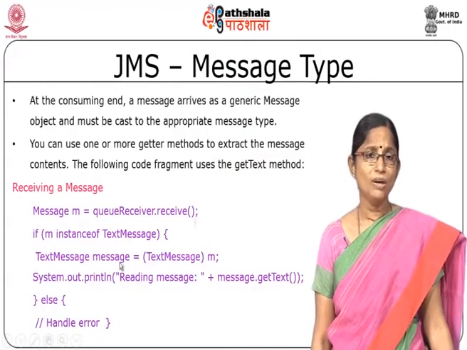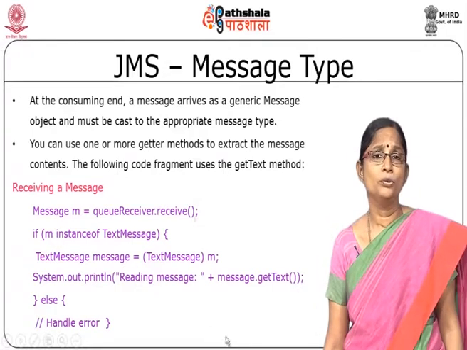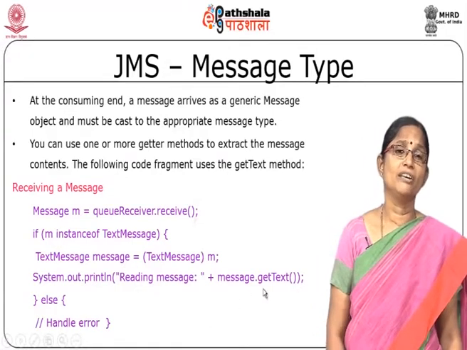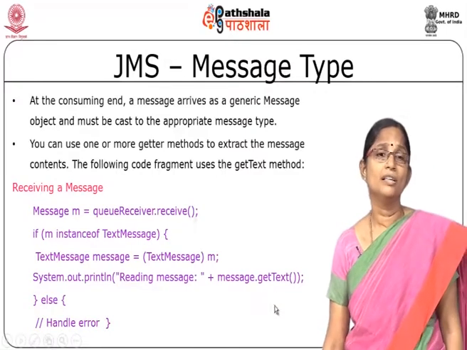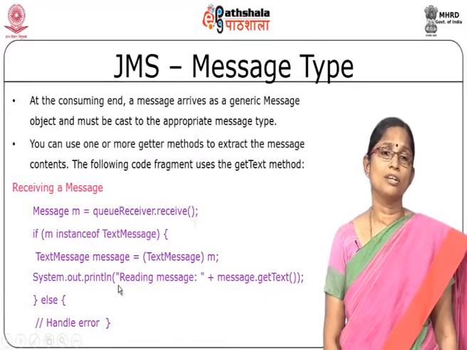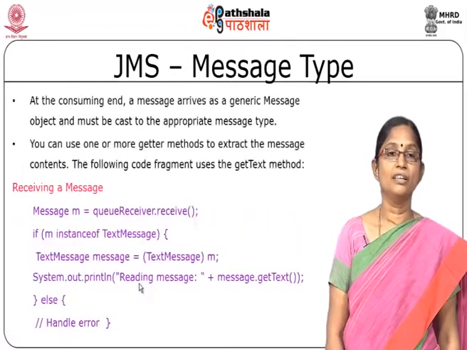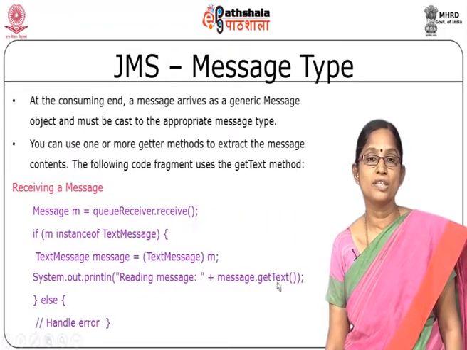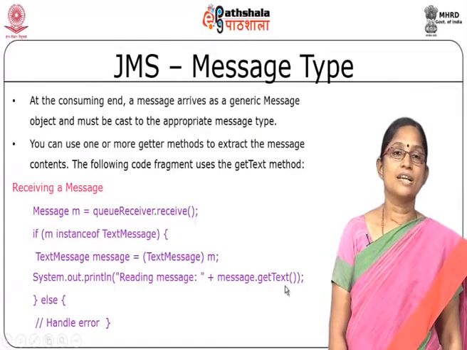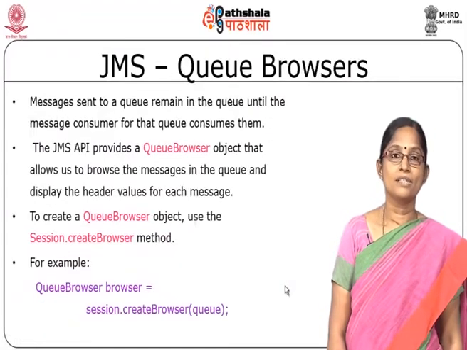So, once the text message is obtained, using the getText method, we can retrieve the message and it can be displayed using System.out.println. Here we can send the message using the setText method. Here we are going to receive the message using the getText method. So, this is an example for receiving a message.